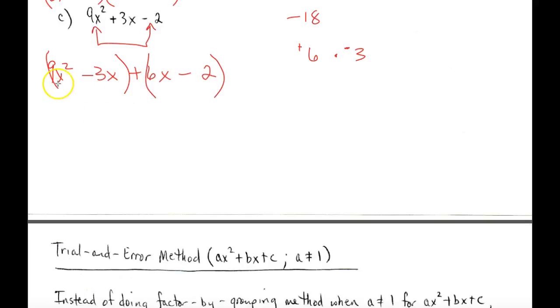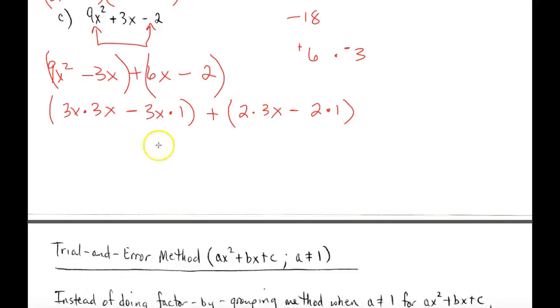All right, so from here, I know that 9x squared could be written as 3x times 3x, and 3x could just be 3x times 1. Plus, second term, we know that 6x could be written as 2 times 3x, and that 2 could be written as 2 times 1.